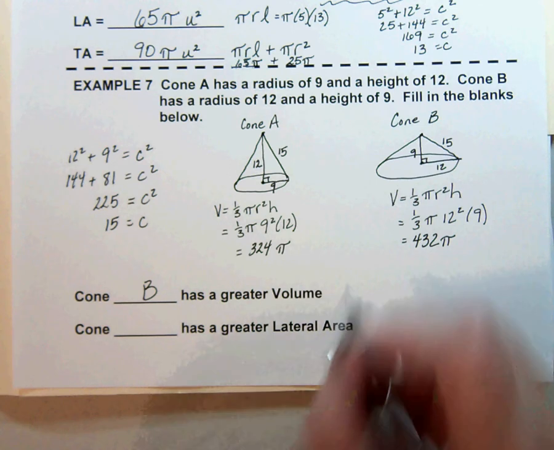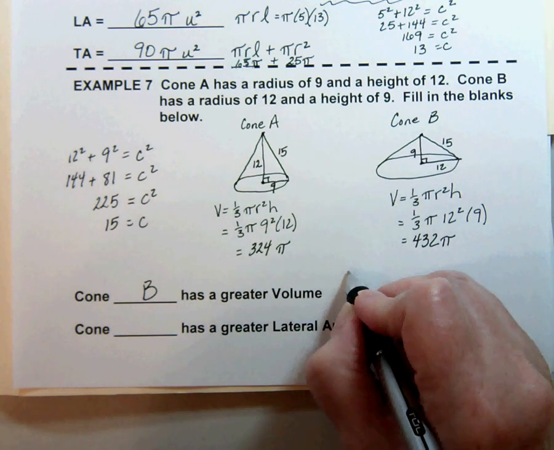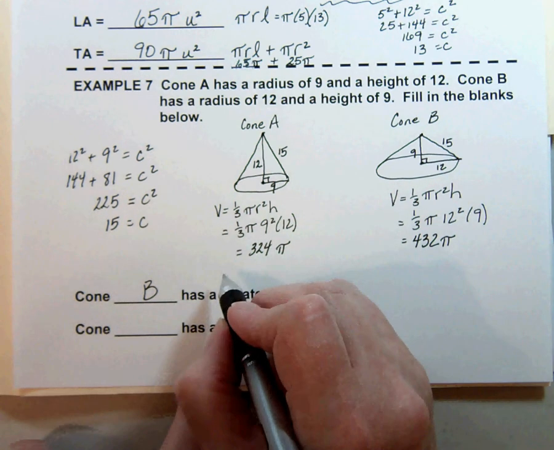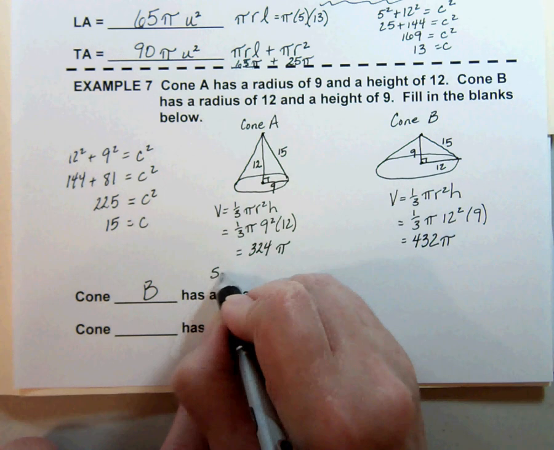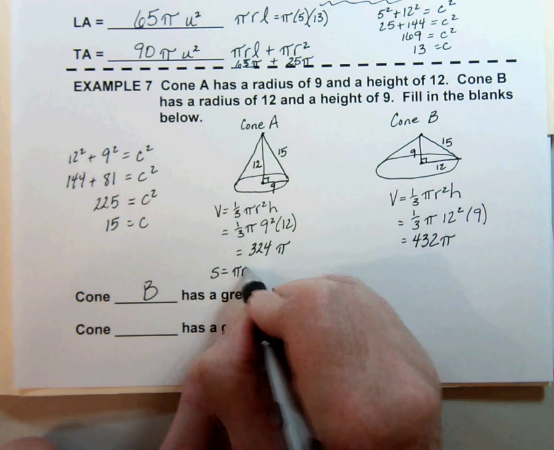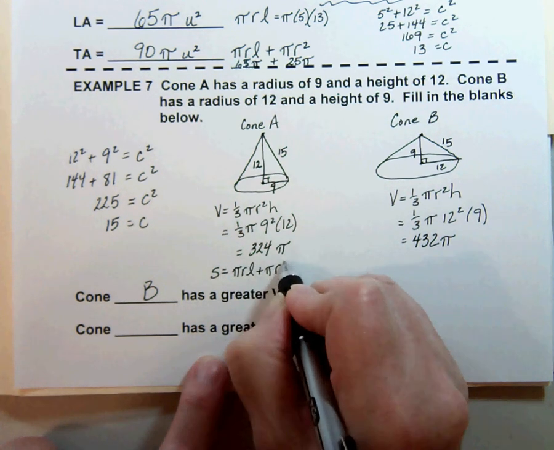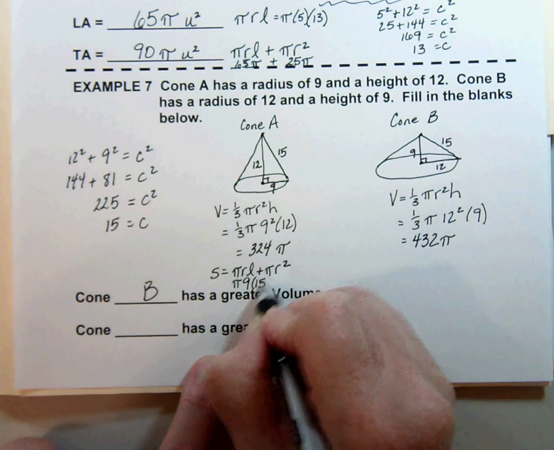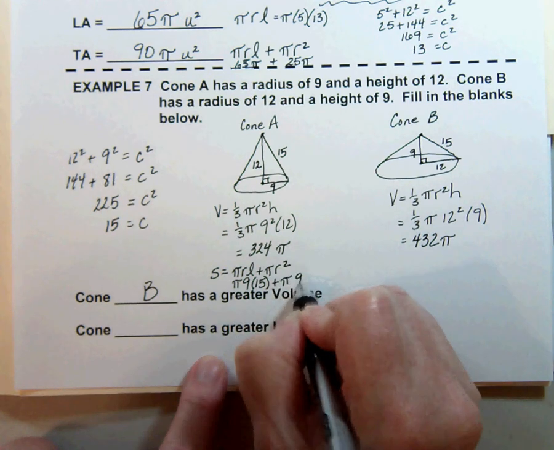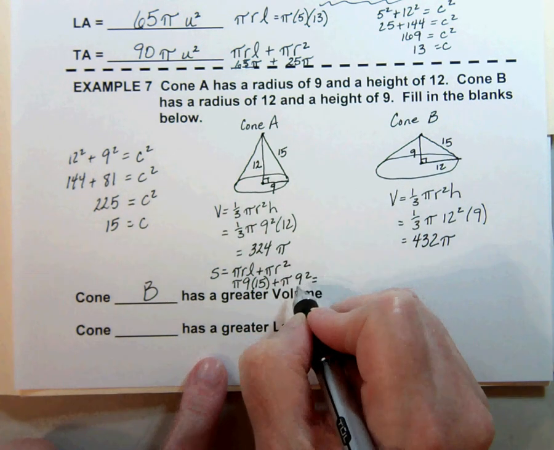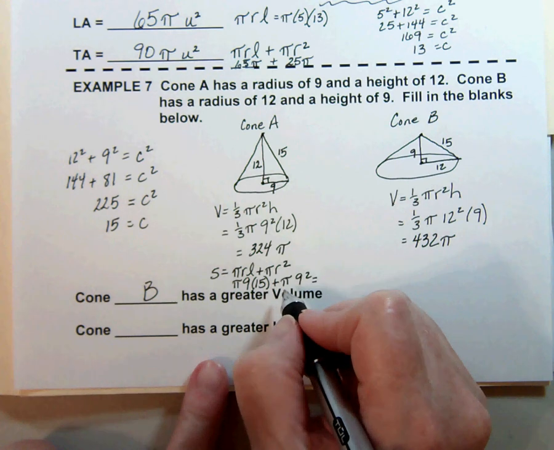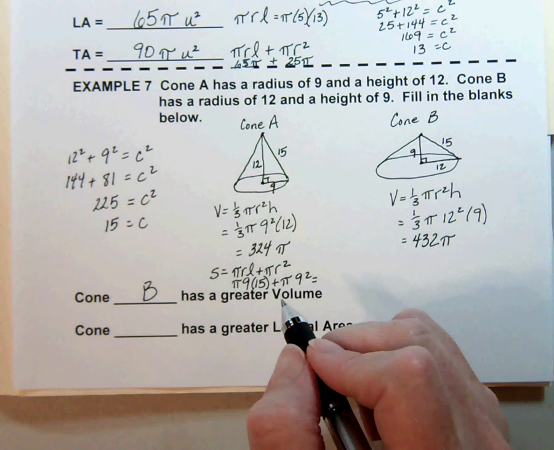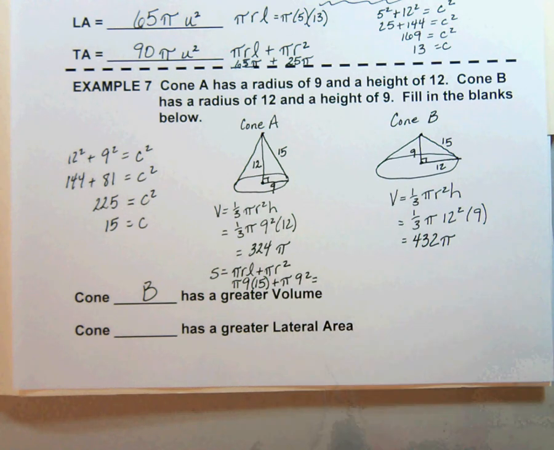Now let's do the area. For cone A, I think I can write it over here. Cone A, the surface area is pi r L plus pi r squared. So that's pi times 9 times 15 plus pi times 9 squared. We only have to do lateral area.